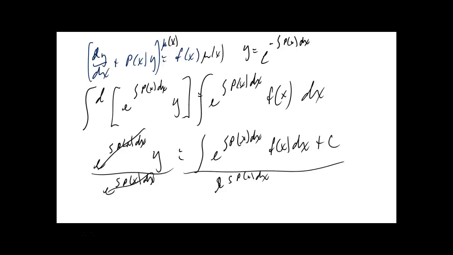We're moving it up so it becomes that, times the integral of e to the integral of p of x dx, f of x dx, plus c times e to the minus integral of p of x dx.